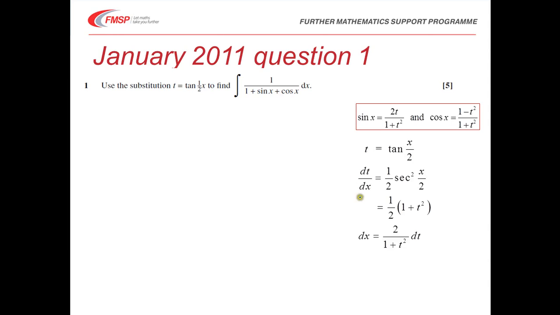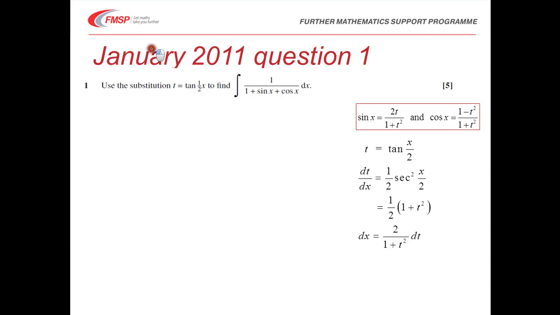But of course we know that sec squared is equal to 1 plus tan squared, so it's 1 plus t squared here. But when we're doing a substitution we need to replace dx because we'll need to be integrating with respect to t. So I've just rearranged this to find dx is equal to 2 over 1 plus t squared dt.